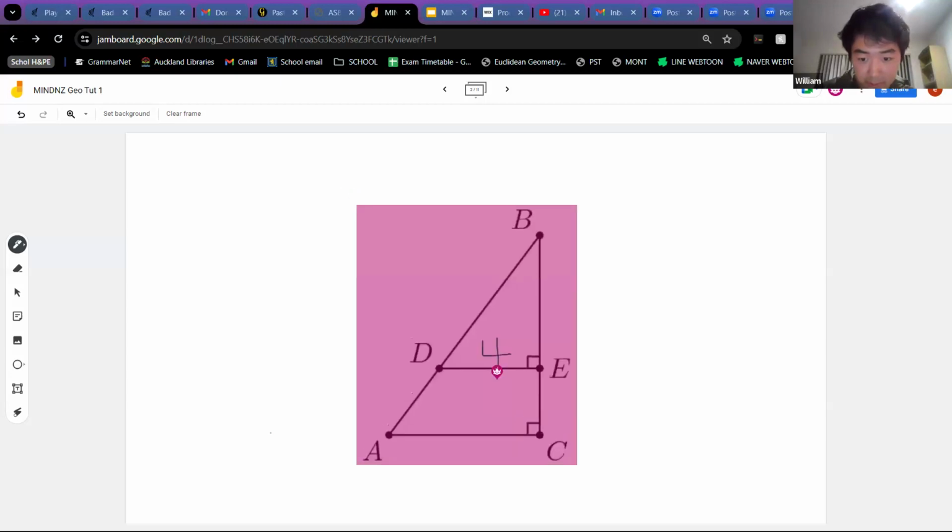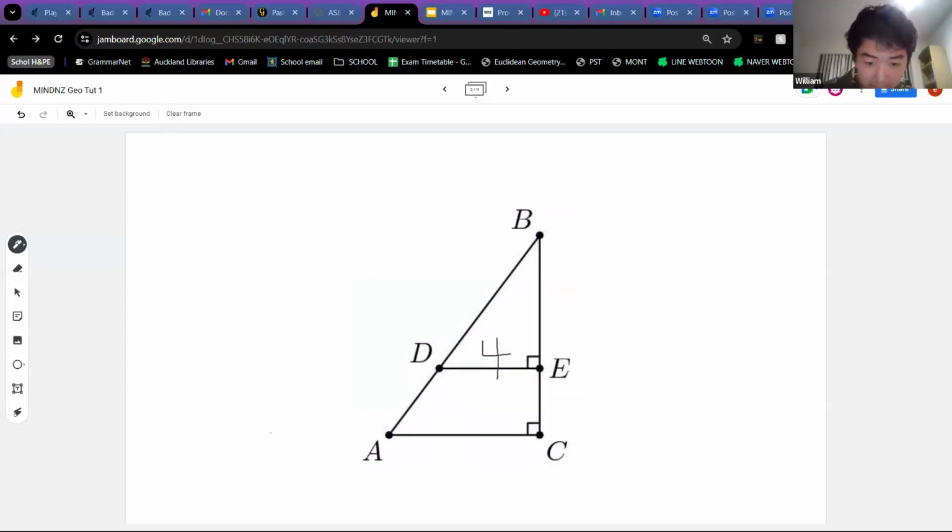And we're asked to find BD. So we're trying to find this length here. The first step is we already know that BDE and BAC are similar, right?